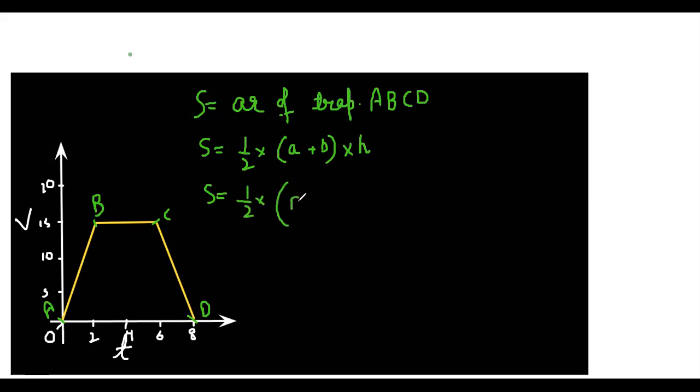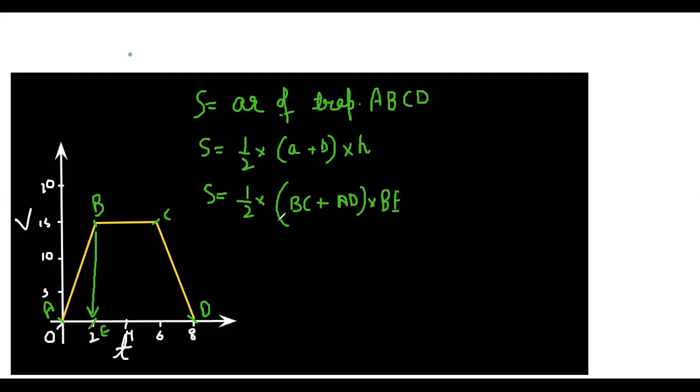One side we have is BC plus second side we have is AD. Multiply by height. Height we can take the straight one, this one, let's say E. So we can have it as BE.